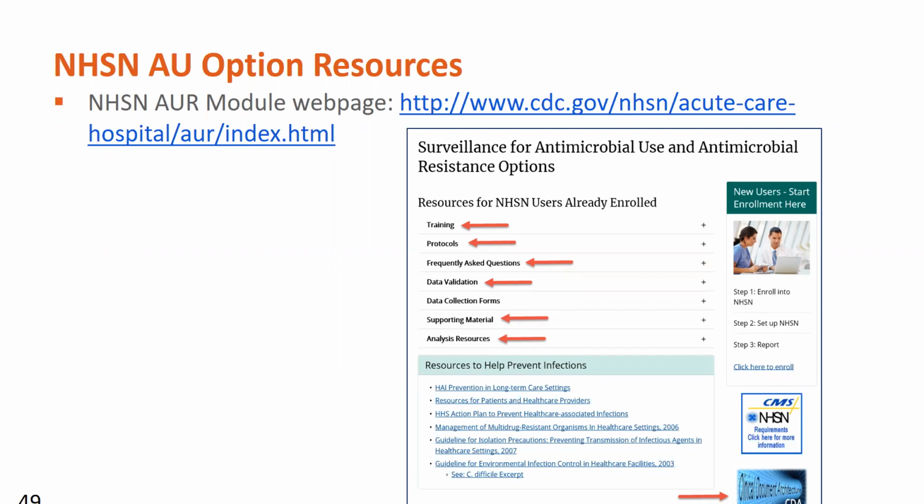For data validation, we actually have 2 validation protocols available for facilities. We have one that we developed for facilities undergoing implementation of the AU option, so that covers various steps in the implementation process to make sure that the data that end up in NHSN are both accurate and complete.